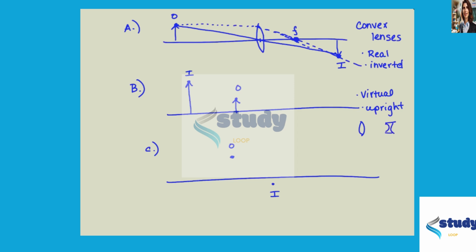Concave lenses only create reductions. So convex can do enlargements and reductions, but concave can only do reduction. So that tells us that this has to be a convex lens.